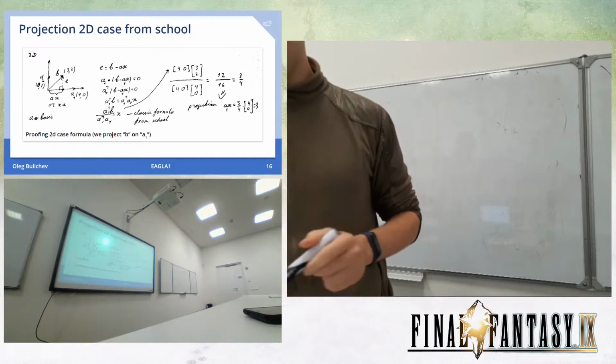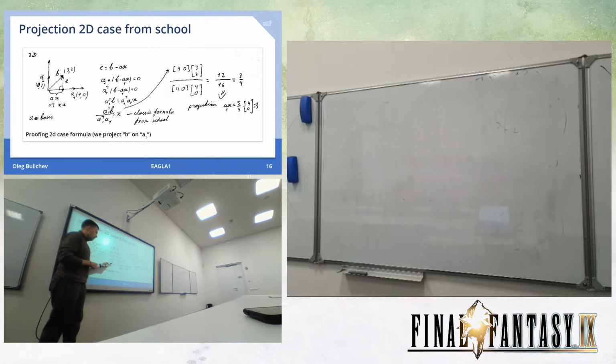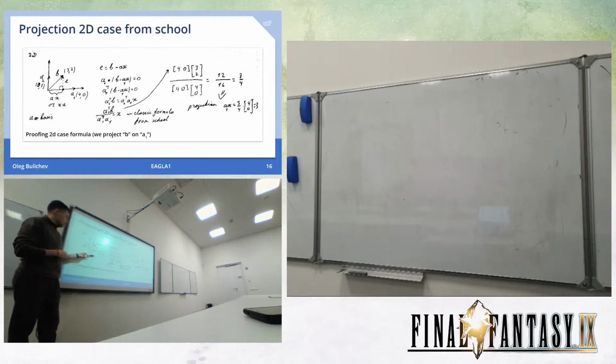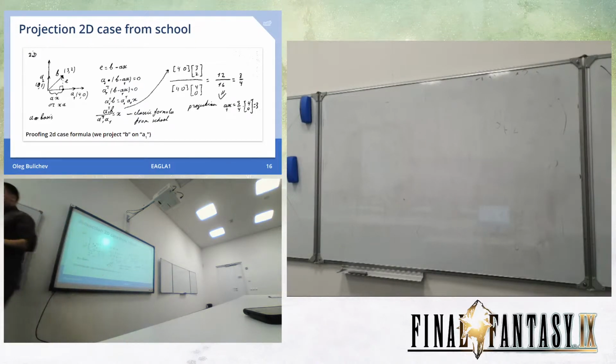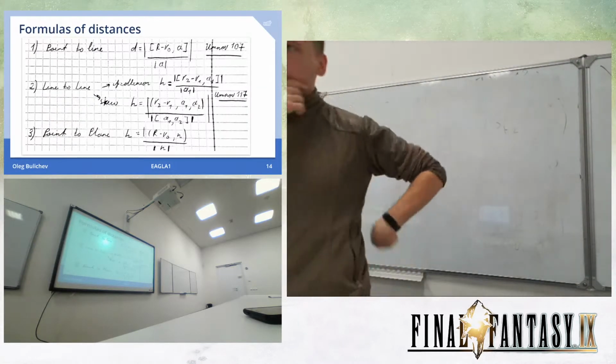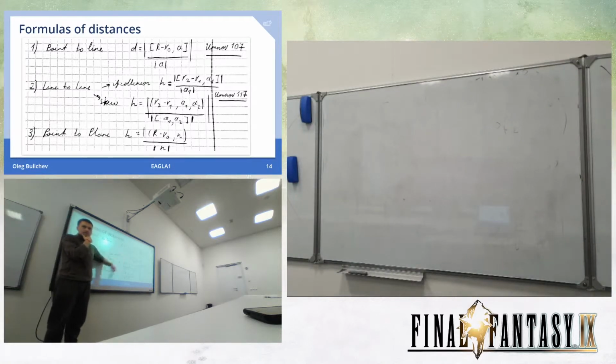So in this case, see, we have B in the upper part, and our base is in the lower part. A is our basis, B is in the upper part, our point on the lower part.